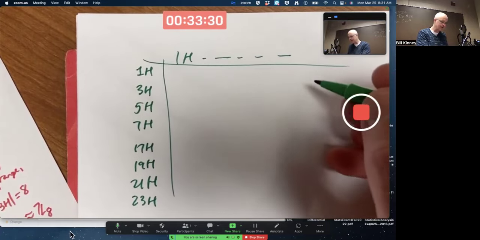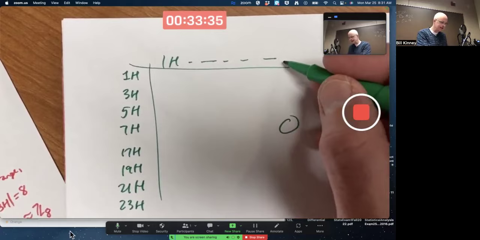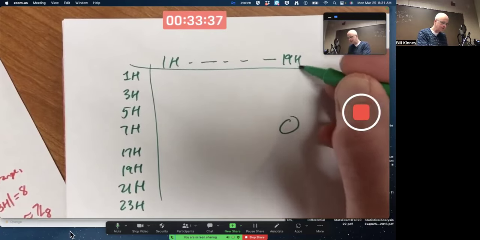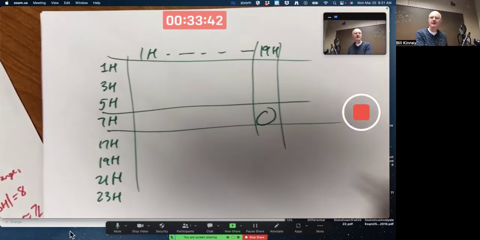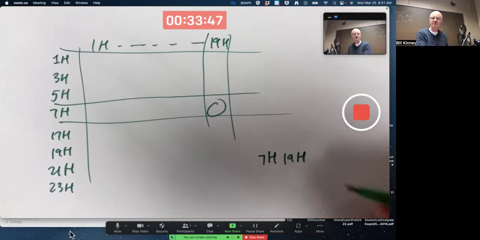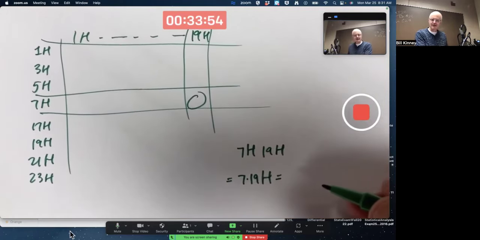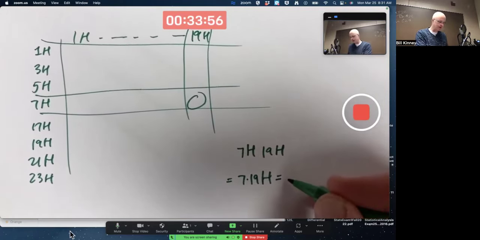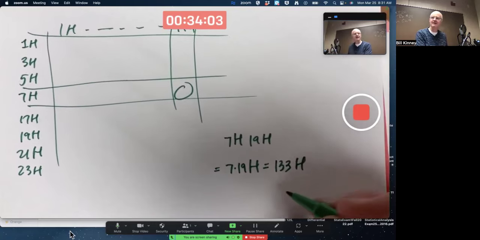For example, if you wanted to figure out what goes right here, where this is maybe 19H here, what goes in that row and that column, you have to figure out 7H times 19H. You multiply cosets by multiplying their representatives, 7 times 19H. 7 times 19 is what, 133, I think? 7 times 20 is 140. 133H, but then I have to mod by 32.